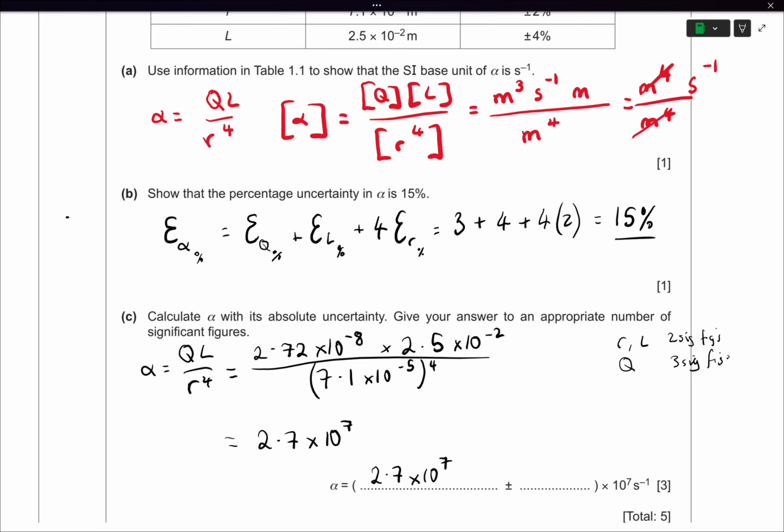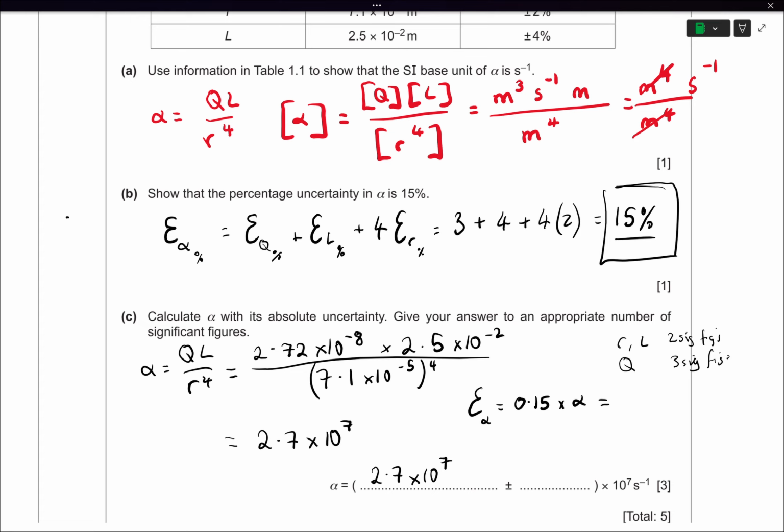Then our uncertainty, as we established back up here, was 15%. So on uncertainty we just need to take it from a percentage to an absolute value. So the uncertainty in alpha should be equal to 0.15 times the value of alpha, which is 0.15 times 2.7 times 10 to the 7.